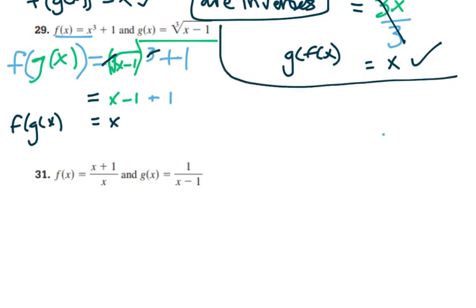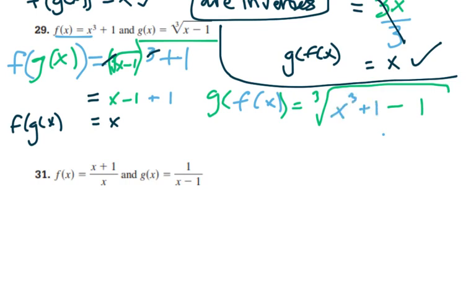And so then we'll do the next one, which is g of f of x. The g equation is this cube root of x minus 1. And then instead of an x, we're going to put in the f equation, which is x cubed plus 1.